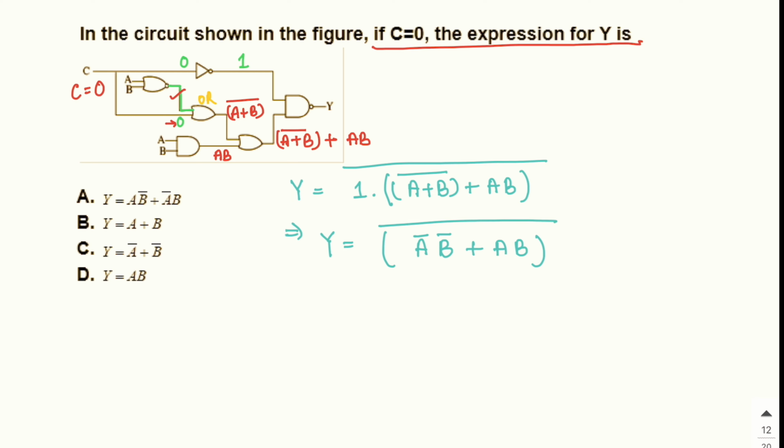Now if you notice, the bracket inside is actually A XNOR B, and we have a whole complement here. So this means that Y is actually the complement of an XNOR gate, which is equal to A XOR B, which is A B bar plus A bar B. Hence the answer is the option that is A B bar plus A bar B. So this complete network is actually an XOR gate.